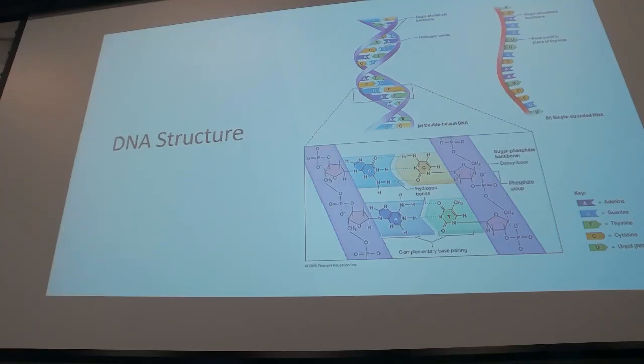The one that is easier to separate will be the one with a lot of A's and T's, because you have less hydrogen bonds. This one has 3 hydrogen bonds, so that makes it harder to separate.